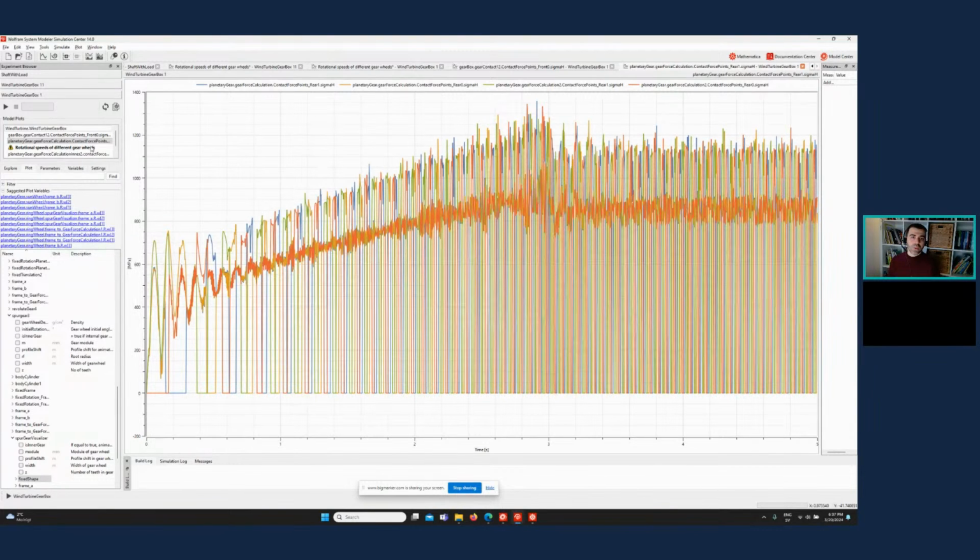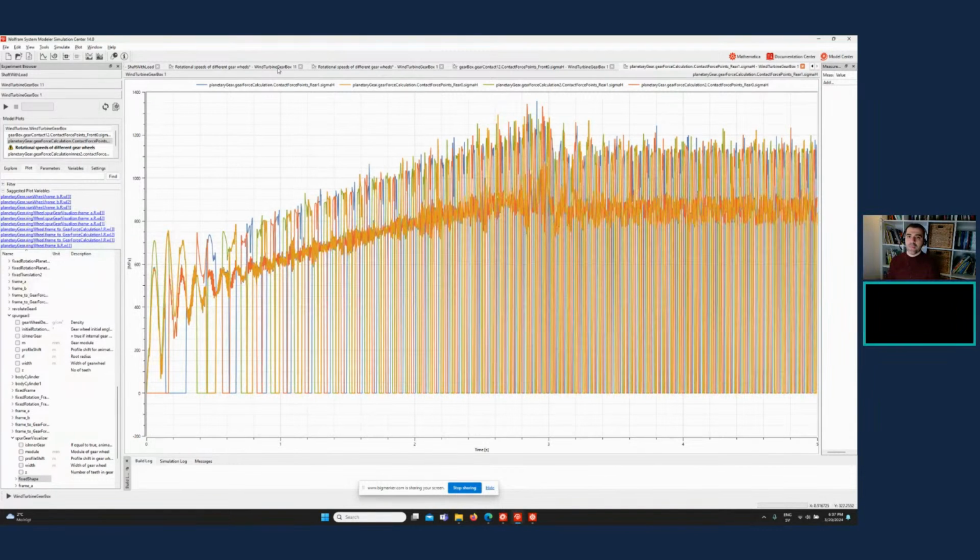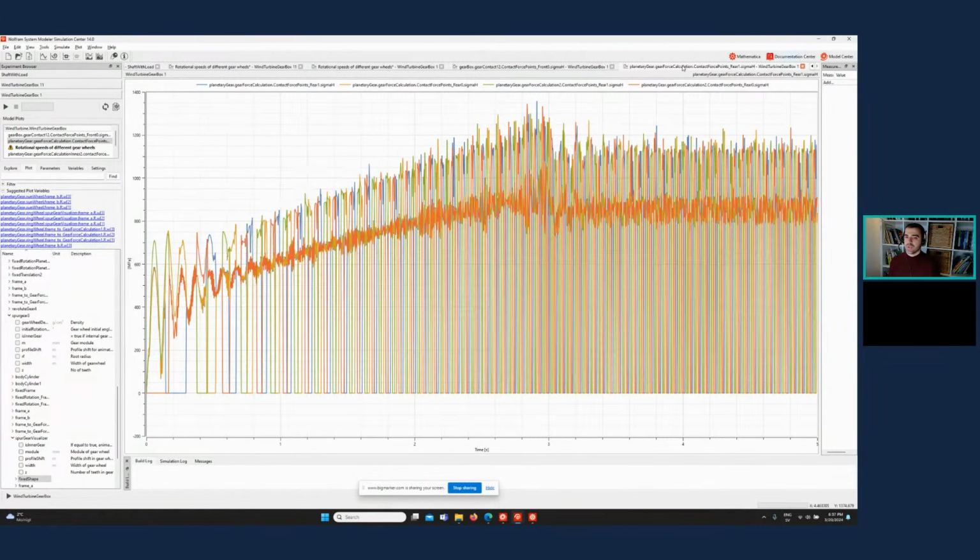Can you also zoom in a bit to see what sort of details you get here? I will do that if my computer permits.